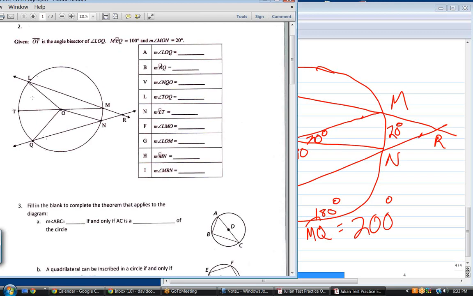Not that that necessarily matters, but it makes me almost think that that's a typo. Or it means something else. L, M, L, O, that's not 100 either. I don't see any 100-degree angles in there, unless that would be the 100-degree angle.